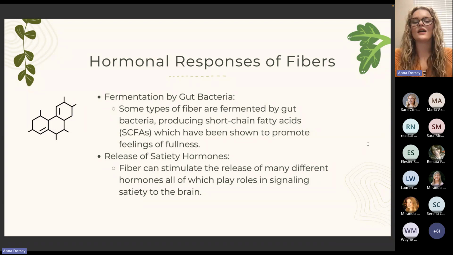Basically, what short-chain fatty acids do is signal to your brain this feeling of fullness, like we mentioned earlier. So as you're eating, this fiber-rich food is going to reach your small intestines, produce short-chain fatty acids, and signal to your brain, so you're able to tell, hey, I'm full and I should stop eating.